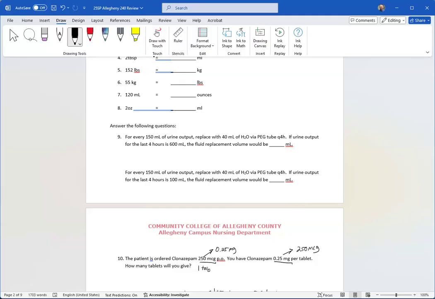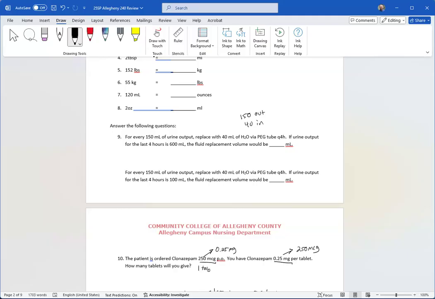What we're looking at is what this question says: for every 150 milliliters of urine output, we want to replace with 40 milliliters of water. So for every 150 out, we want to put 40 back in. That's the mechanism here.